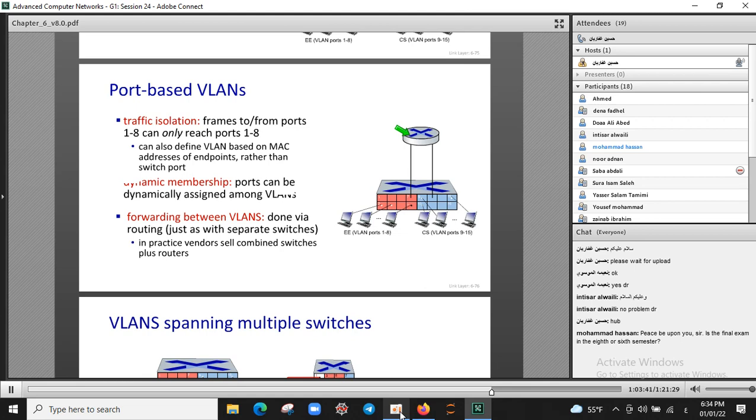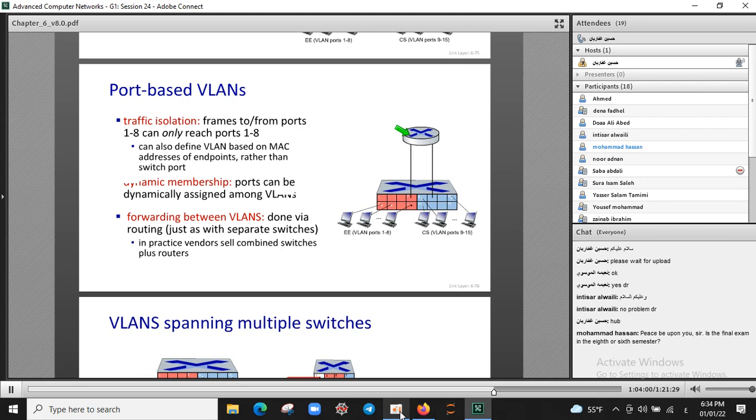So it simply forwards data to another switch. Using this strategy, I can combine the information and forward the information between different VLANs.